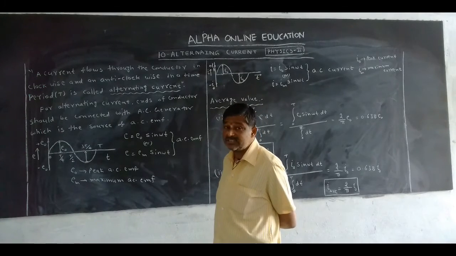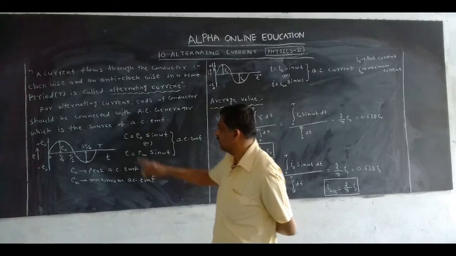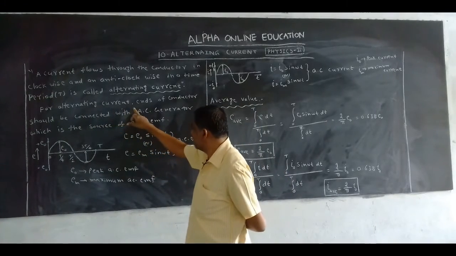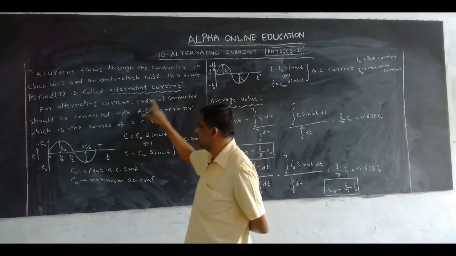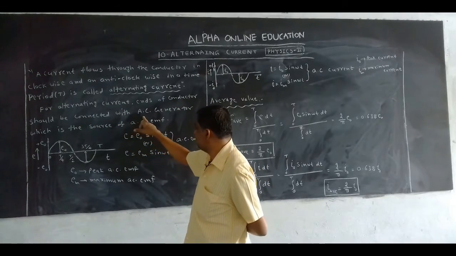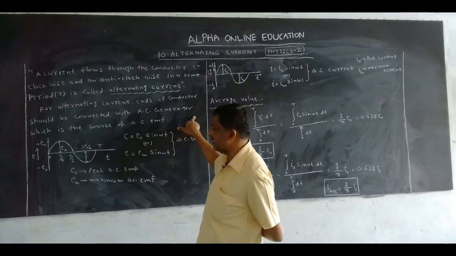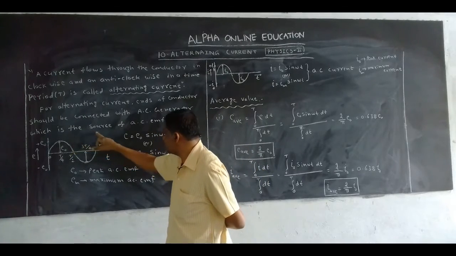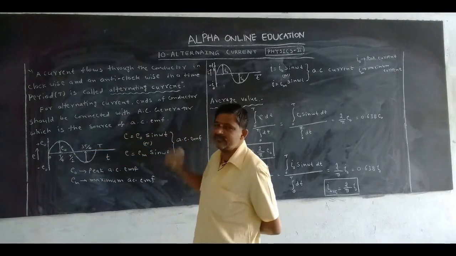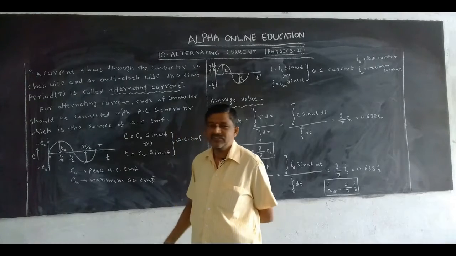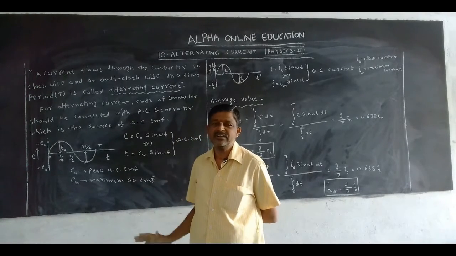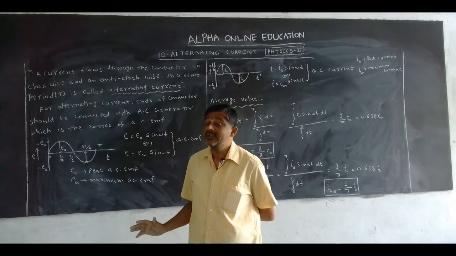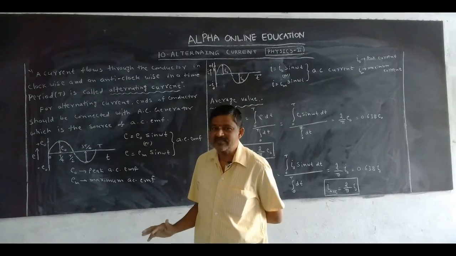But how does this current flow? For alternating current, the ends of the conductor should be connected with the AC generator, which is the source of AC EMF. Without EMF, the current never passes through the conductor, but the generator gives AC EMF.